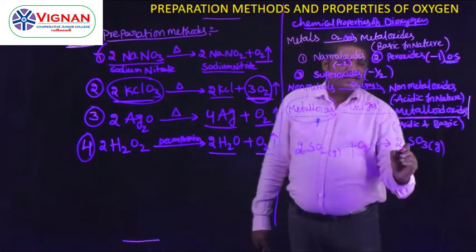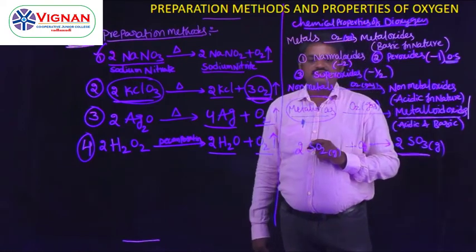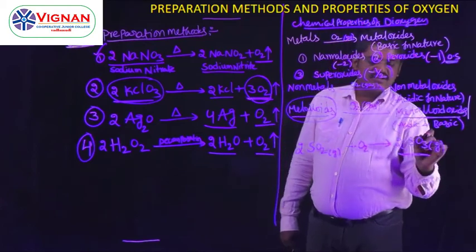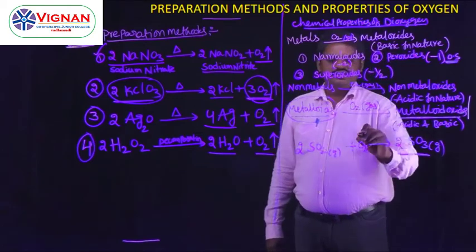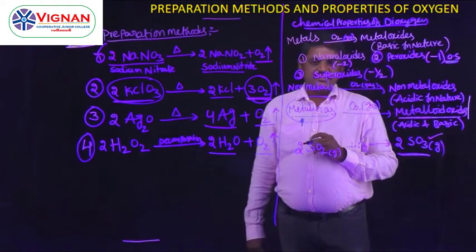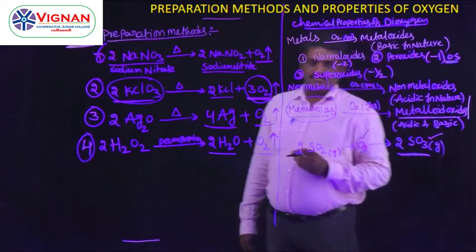The sulfur trioxide gas is used to make sulfuric acid. This is one application of oxygen: it is used to make sulfur trioxide gas, which is used to make sulfuric acid.